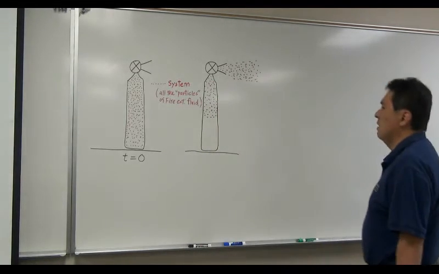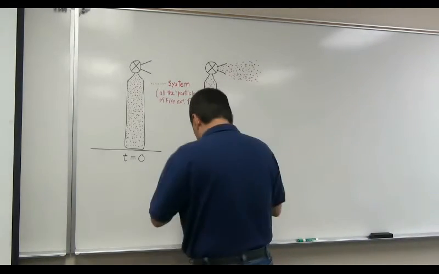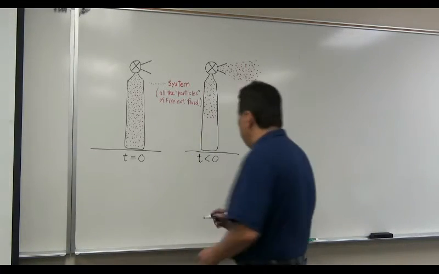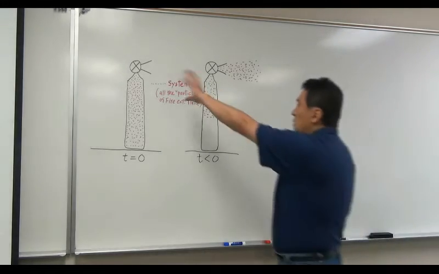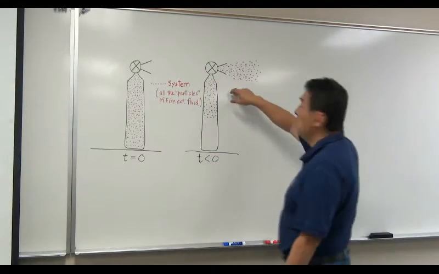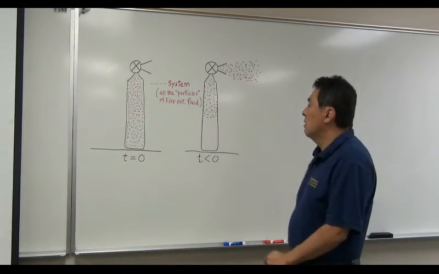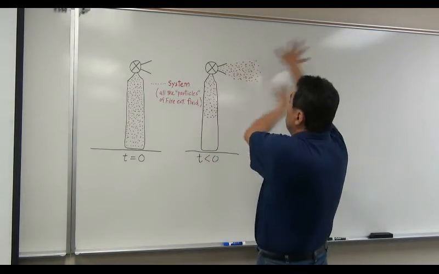So from the system perspective, Lagrangian, this is the situation right after you open the valve, t equal to some positive time. Some of the particles start to go out of this tank, and some of them still remain. But as time goes by, probably everything goes out.